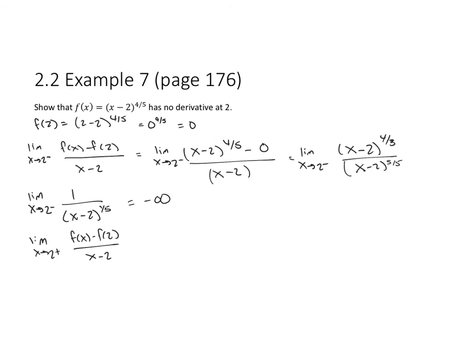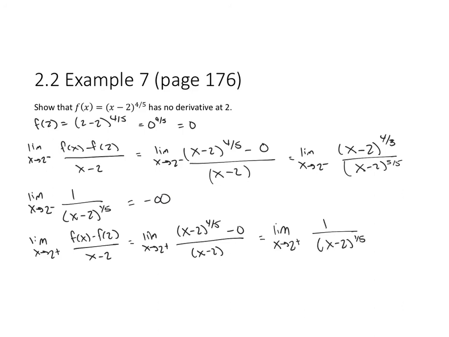We're going to have a similar situation for our limit as x goes to 2 from the right, (x minus 2) to the 4/5 minus 0 over x minus 2. When I reduce that, I get something very similar as before, but this time we approach 2 from the right: 1 over (x minus 2) to the 1/5. Since we're coming from the right this time, we go to positive infinity. And since negative infinity and positive infinity are not the same, f prime of 2 does not exist.